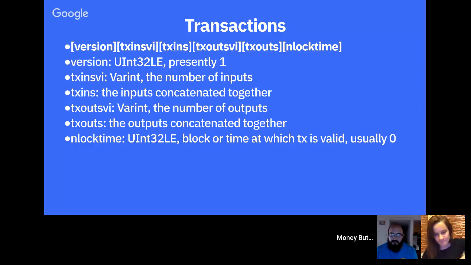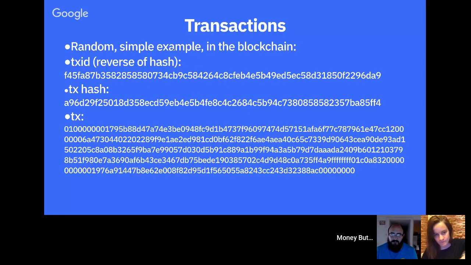So, now that we've done all that, here is an example of a transaction. And I'll just briefly say, if you look at the thing on the bottom, a long random string of hex characters, that is a hexadecimal form of a transaction. It's not so easy to interpret by eye, but you can see things like at the very start of it, there are 4 bytes. That's a Little-endian 1, so that is a version 1 transaction.